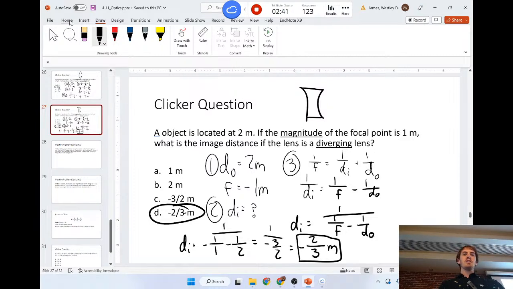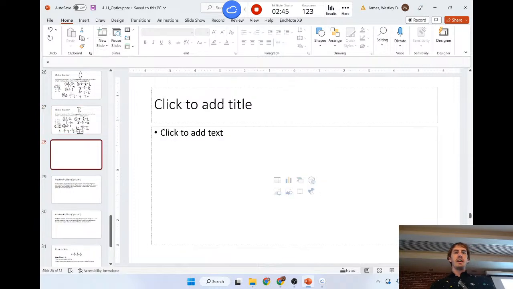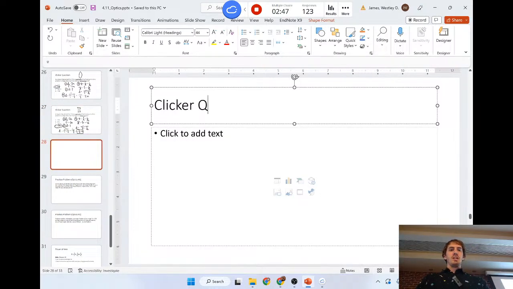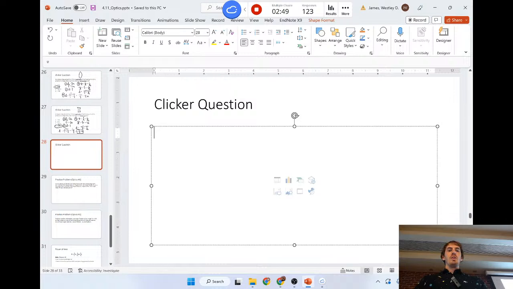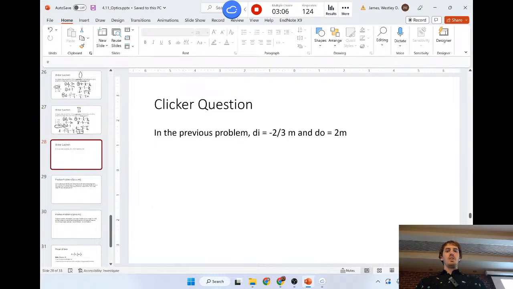While we're sitting here, let's just make up another clicker question on the fly, because we enjoy doing that. Clicker question. In the previous problem, DI equaled -2/3 meters, and DO equaled 2 meters. Make certain I'm not lying to you all. Good job, me.